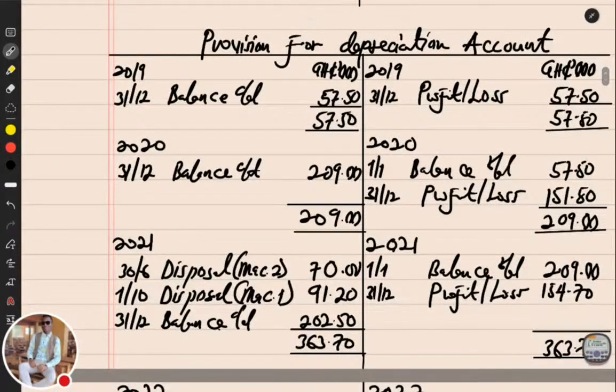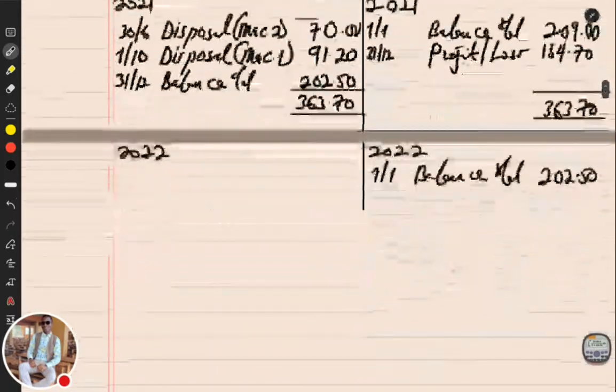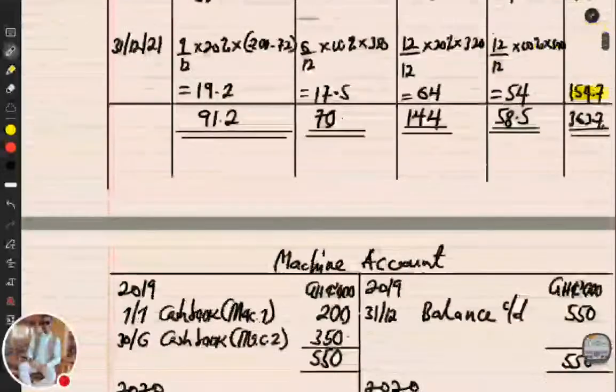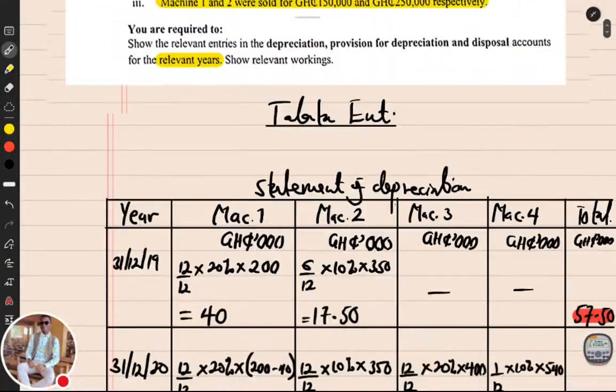So while we have disposal, you debit the provision for depreciation account. When you go to profit or loss, when you go to disposal, then you have to credit it. So we're going to also work out the disposal account so that you see how it goes. Then the next set, or the last set, is for us to make an account on disposal, right?